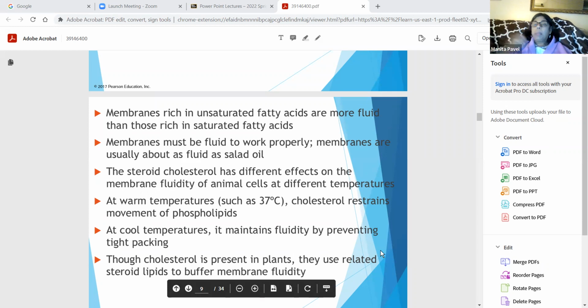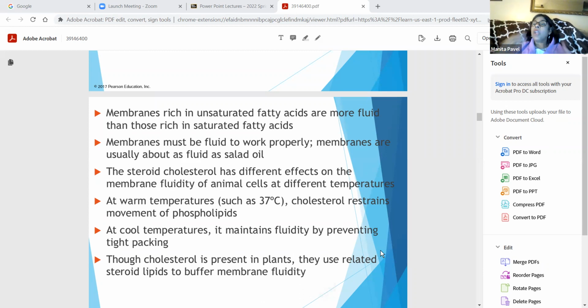Now, our body temperature is 37 degrees Celsius. As our body warms to 37 degrees Celsius, cholesterol is going to restrain the phospholipid movement. Once the temperatures drop to cool temperatures, it is going to maintain the fluidity by preventing the tight packing of the phospholipid tails.